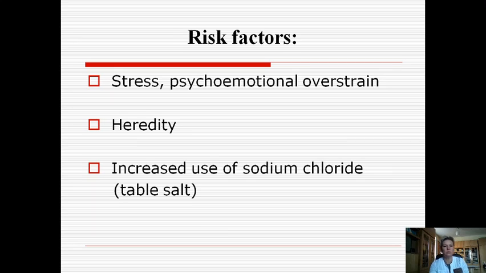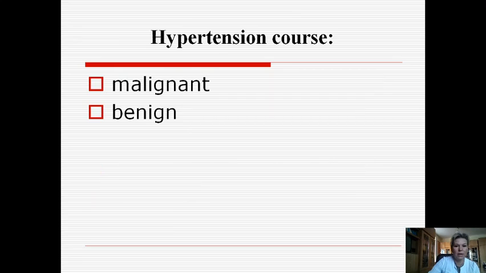In first place, we must mention stress and psycho-emotional overstrain. Besides, in a patient with arterial hypertension we see heredity and increased use of sodium chloride, table salt. As a result, we see an increase of blood volume.